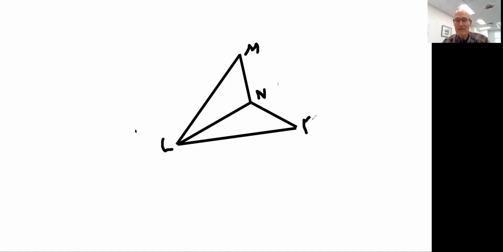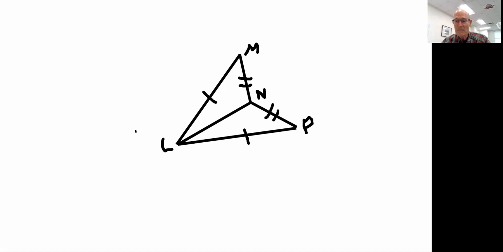Now, in my given information, I'm going to tell you that side LM is congruent to side LP, and that MN is congruent to PN.